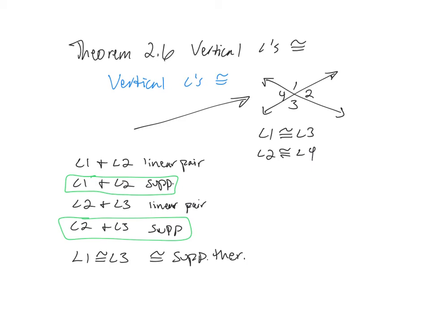I could write that up in a more formal manner, but there's proving angle 1 and angle 3 are congruent without saying vertical angles. Since that's been done somewhere else, before any of us, we know that vertical angles are congruent.